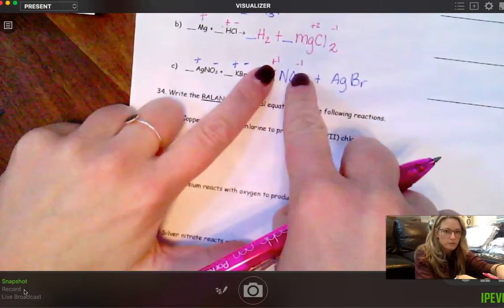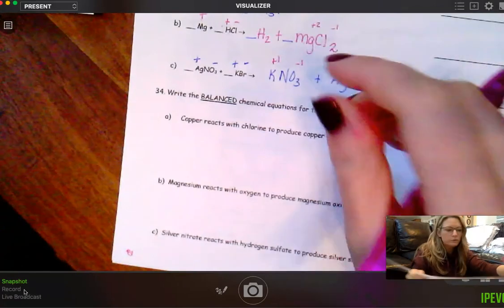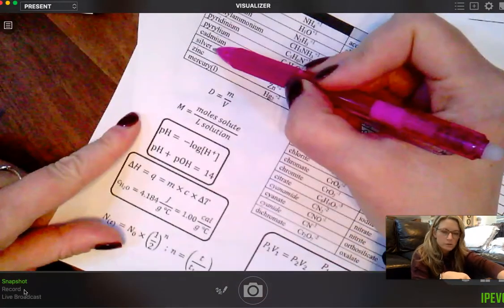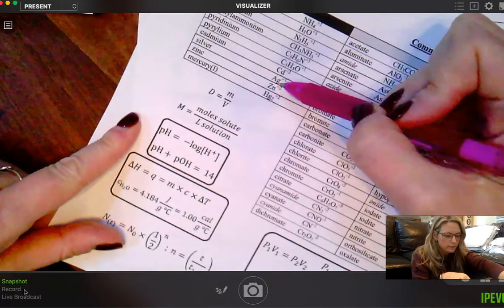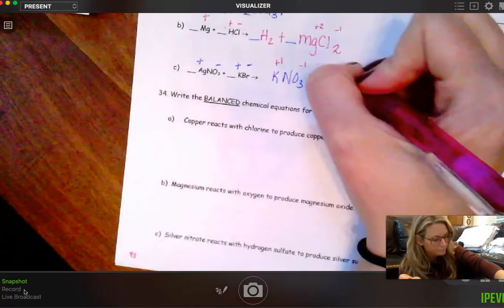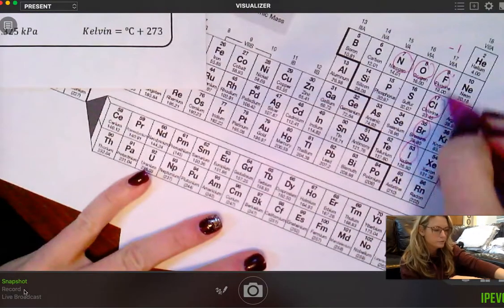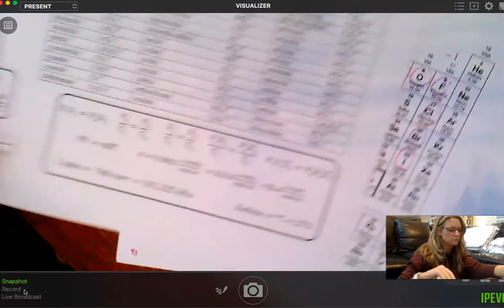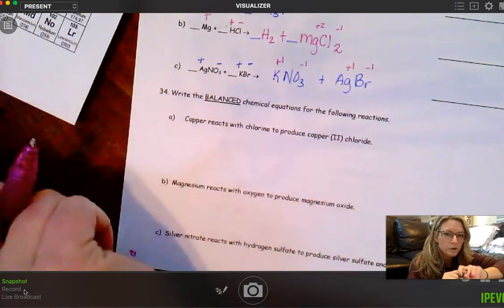So +1 and -1, swap and drop, they stay the same. Ag, remember silver is a transition metal, but it's also on the back of your periodic table. Remember silver, zinc, and mercury are back there, as well as cadmium, which we haven't used a lot. Ag is +1. Bromine is in this group right here, -1. So again, swap and drop, they're even.